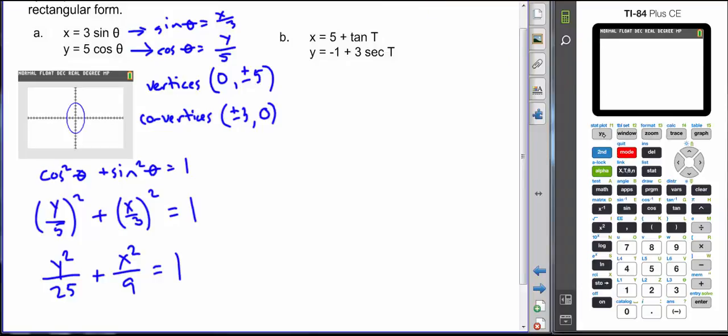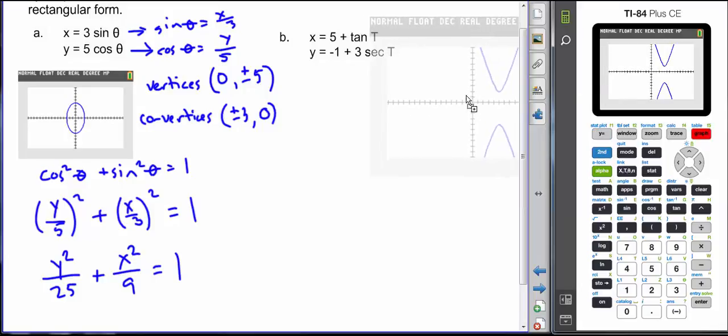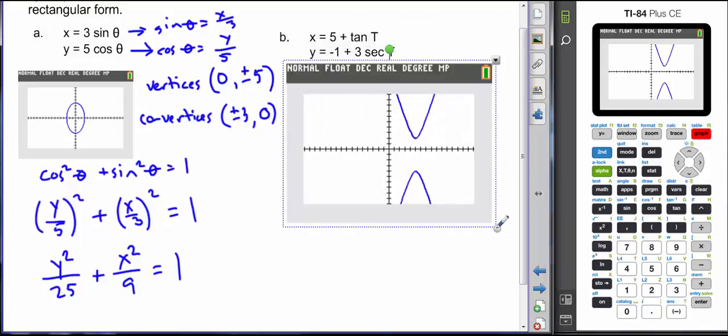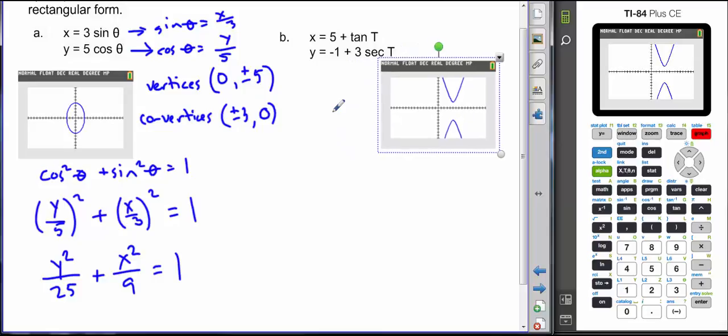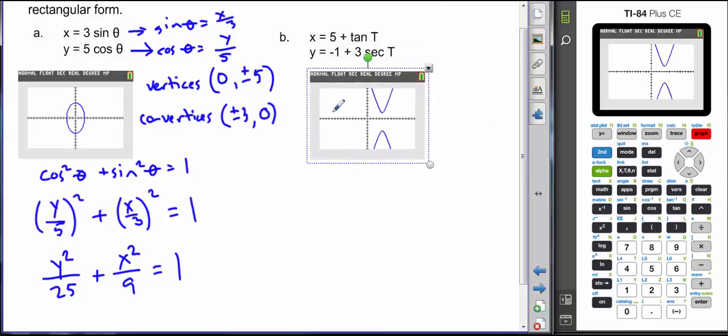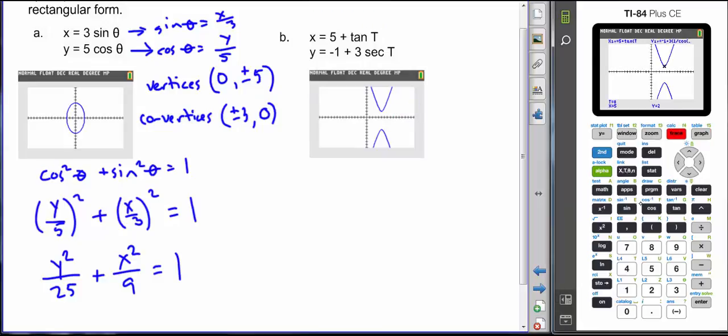All right, now let's go ahead and graph B. I've already punched that in, and when I hit graph, I'm going to get a look at it. You may need to pause so that you have a chance to catch up to me, but I'm going to keep moving. Our graph on B is actually a hyperbola, which is kind of interesting. If you hit trace, at 0, I get one of the vertices.